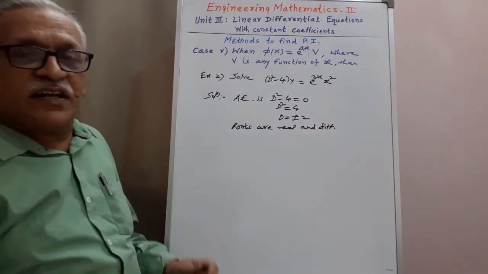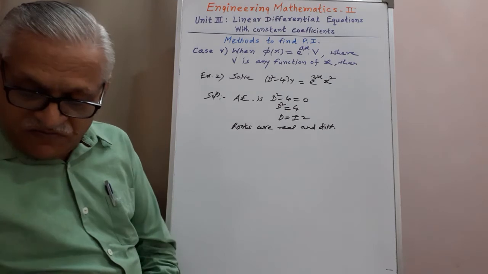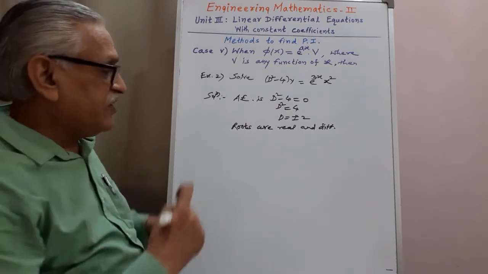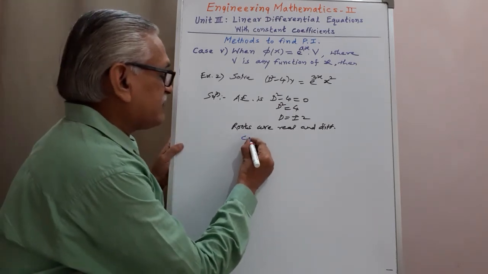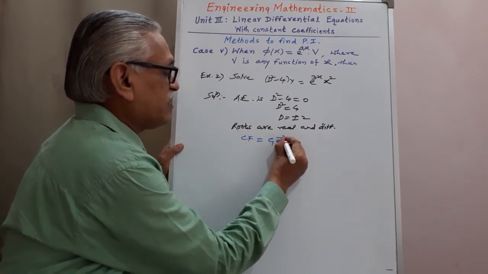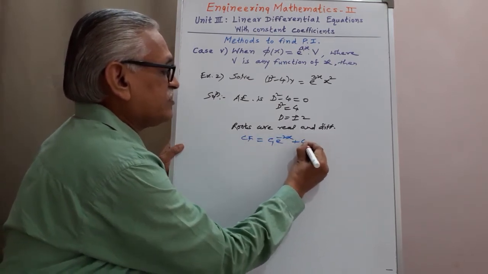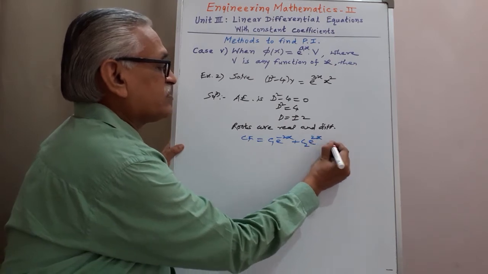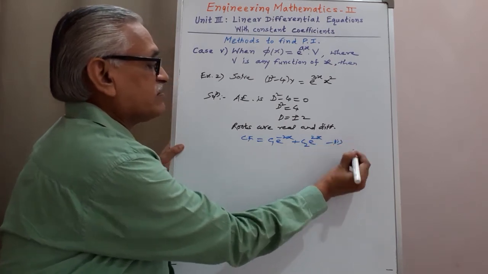And as the roots are real and different, we write down that CF as C1 e raised to minus 2x plus C2 e raised to 2x as equation 1.